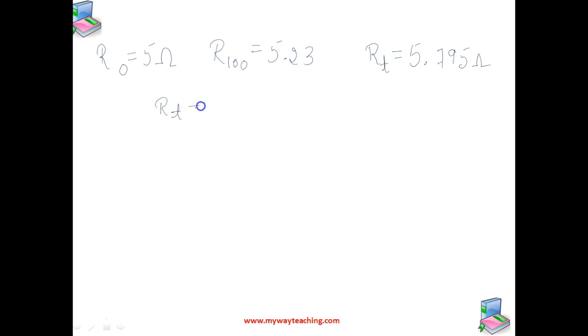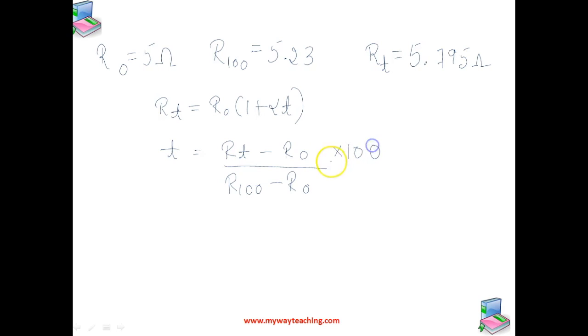So RT is equal to R0 into 1 plus alpha T. Here we want T, which is given by RT minus R0 by R100 minus R0, into 100.